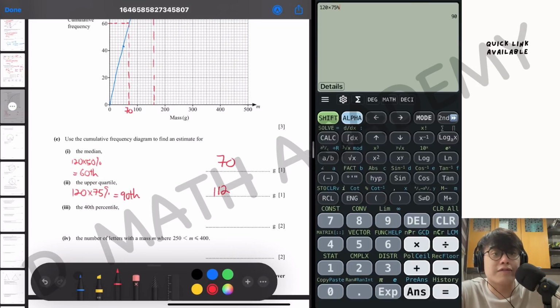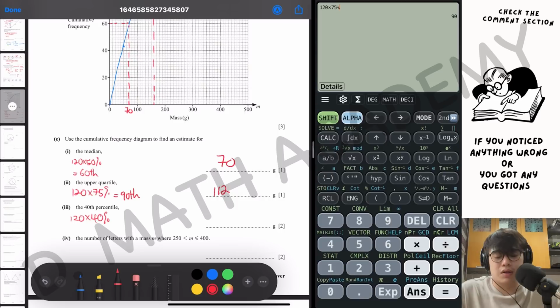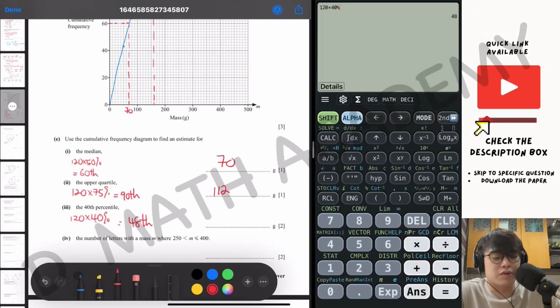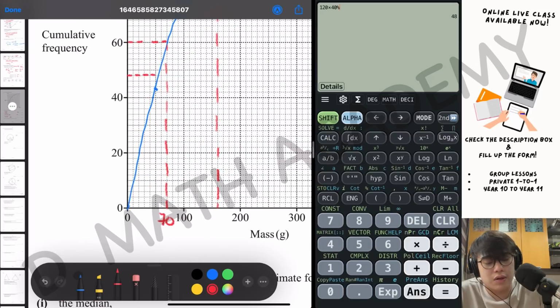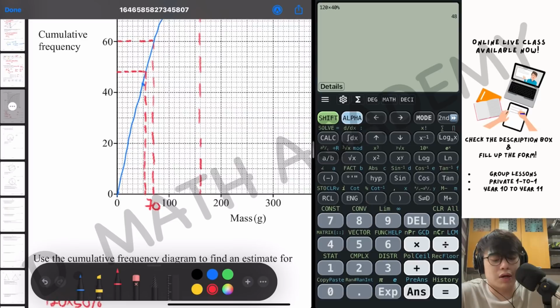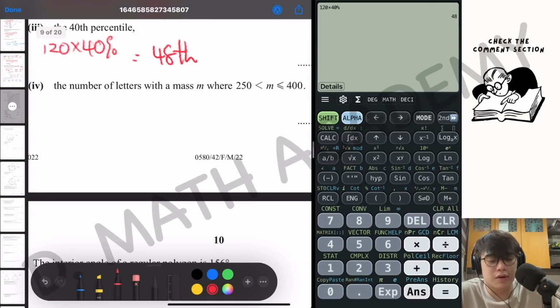Okay, and then for the 40th percentile, you have to take 120 times 40%. And then let's check the results here. Okay, we get 48. So at 48, you trace it down to find the result. So this will tell us the answer is around 55. Okay.